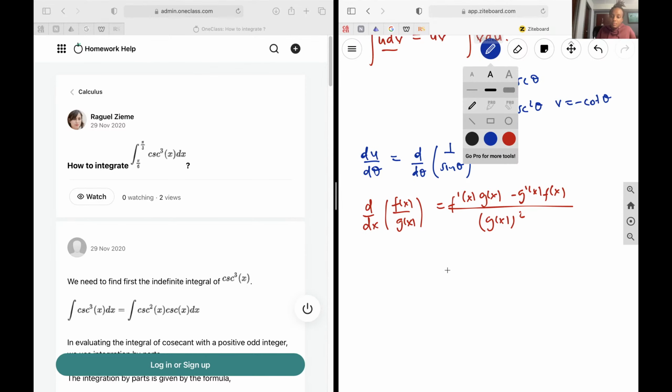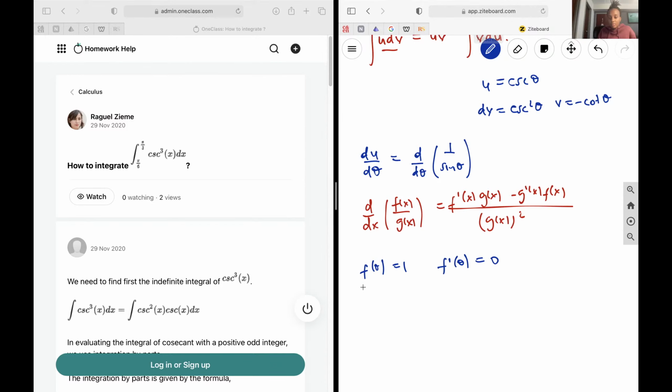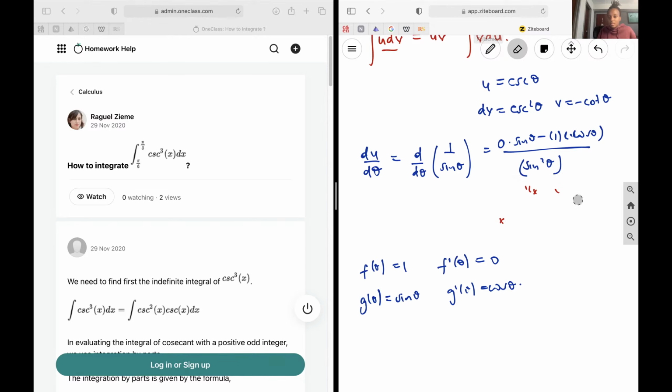And so that means that in our case we have f of theta is equal to 1, so the derivative of that is equal to 0. And we have g of theta is equal to sine theta, and so the derivative of that is cos theta. And so when you put that all together, we get 0 times sine theta minus 1 times cos theta all over sine squared theta. We can now forget about all of this and just simplify that.